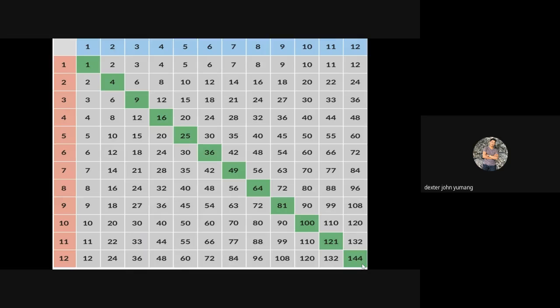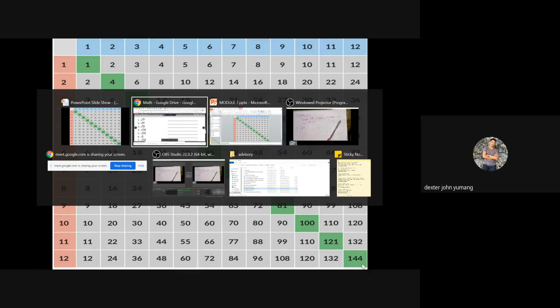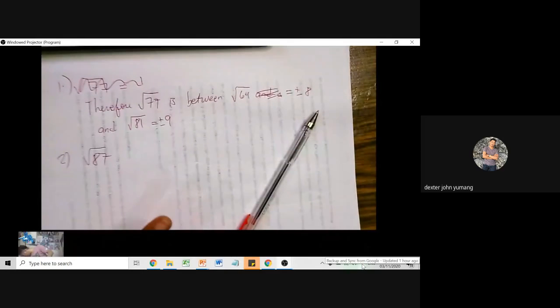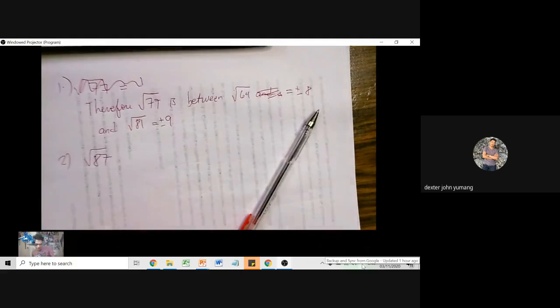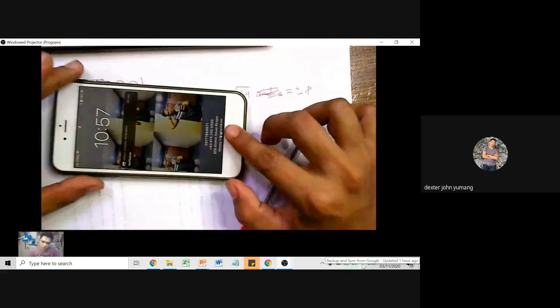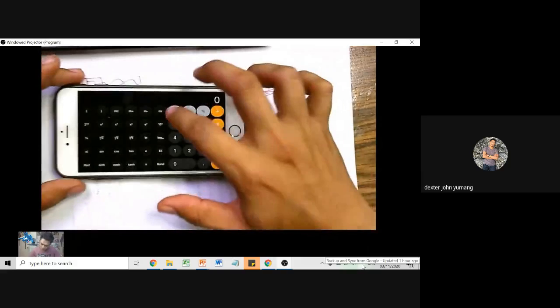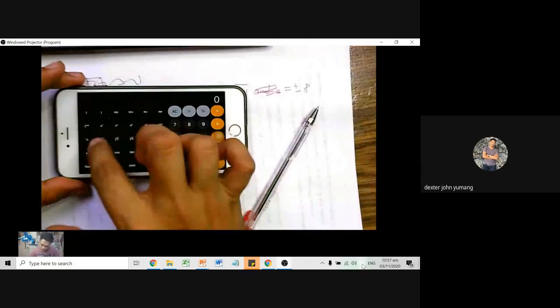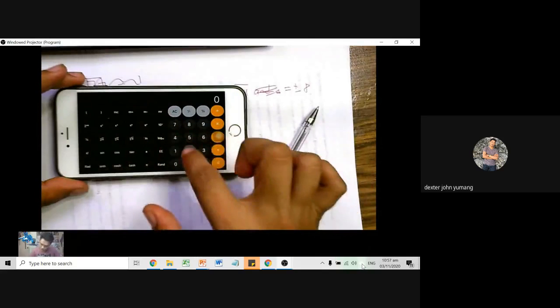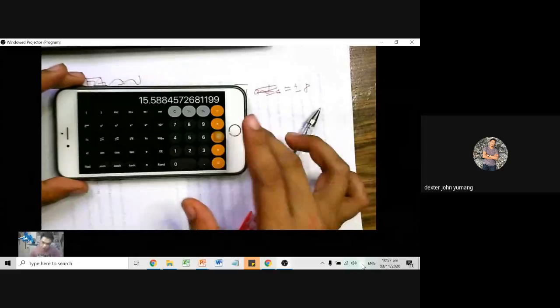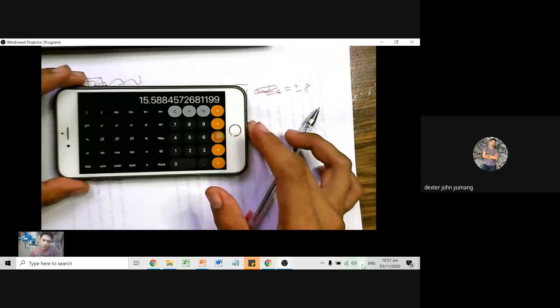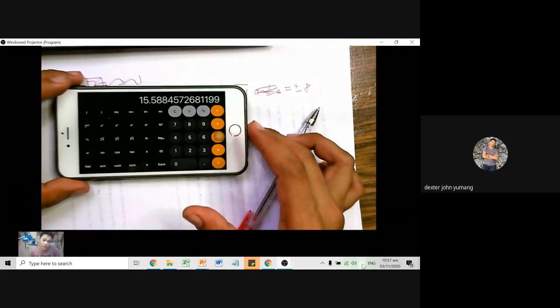So lalabas nyo ang calculator. Kunin ang square root ng 243. That is 15.58. So the number is between 15 at saka 16.